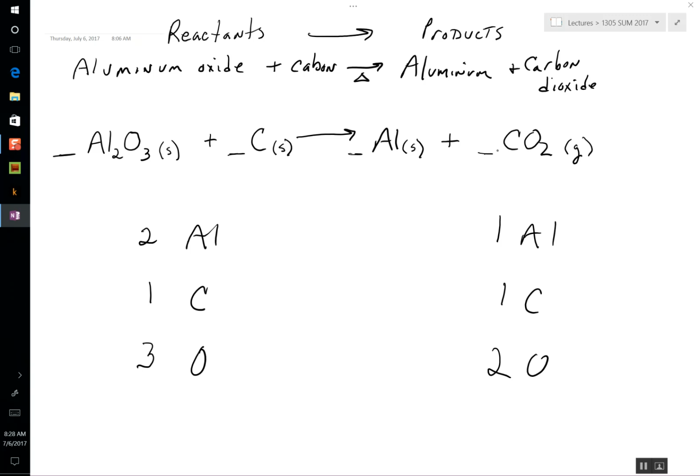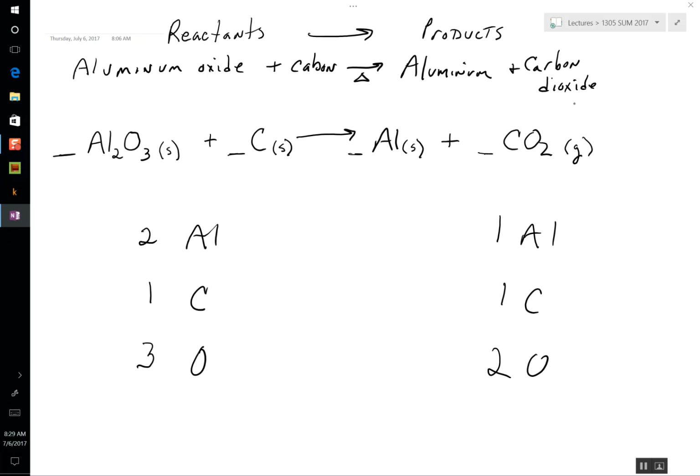I could say, well, if this was just CO3, wouldn't that make my life a lot easier? But CO3 is not carbon dioxide. It's carbon trioxide, which isn't really even a compound. So you can't fiddle with the formulas. You need to get the formulas right to begin with before you start balancing the equation.